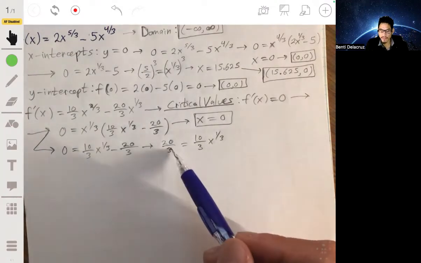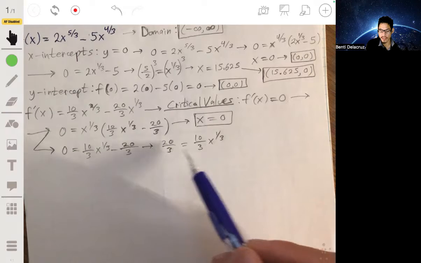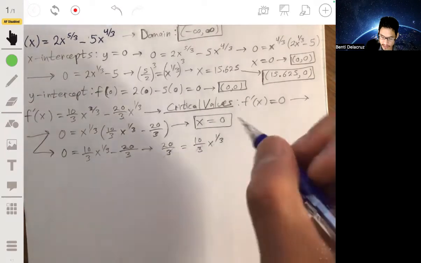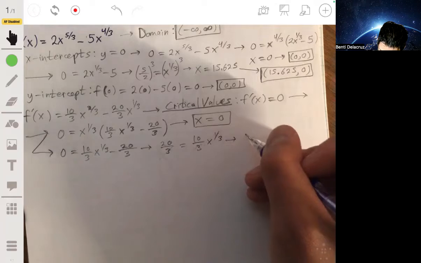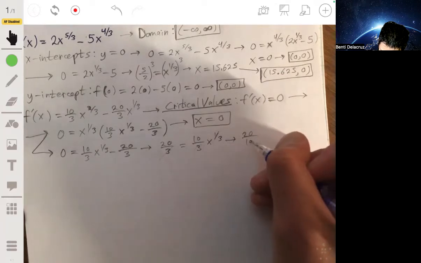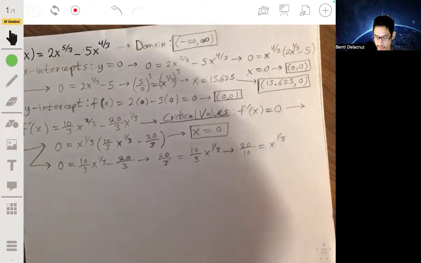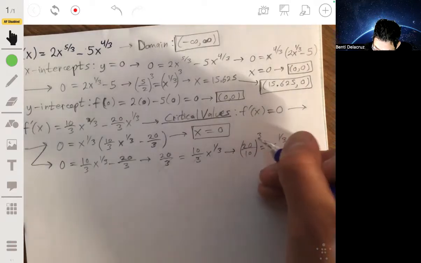So you can basically get rid of these 3's. It's 20 equals 10 x to the 1/3, so divided by 10, you get 20 over 10, or 2, equals x to the 1/3.